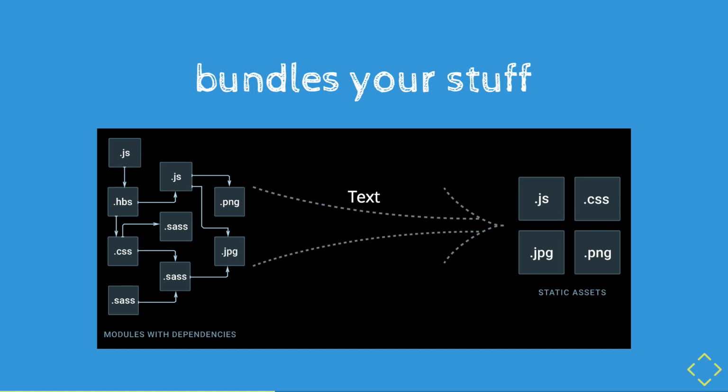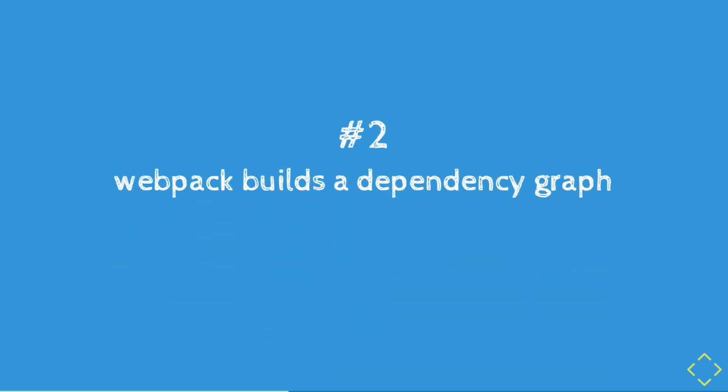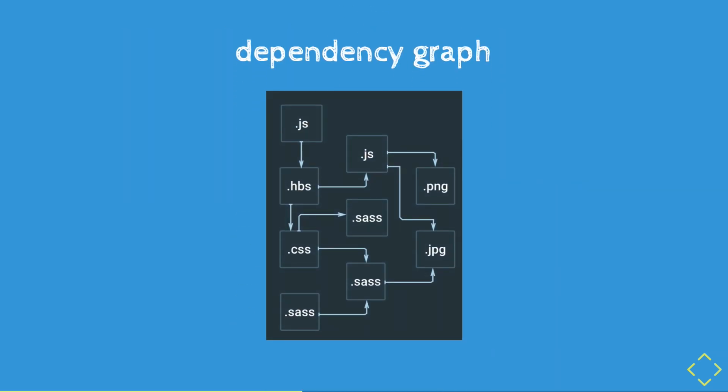So this brings us to difference number 2, which is Webpack builds a dependency graph. We kind of made reference to that already. But while it's walking all those imports, it's going to keep track of them and build that dependency graph. Something like this if you want to visualize it.